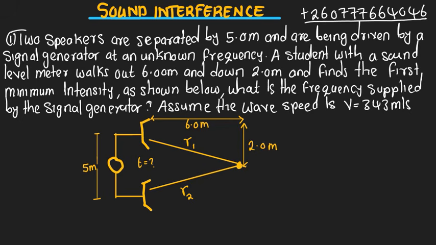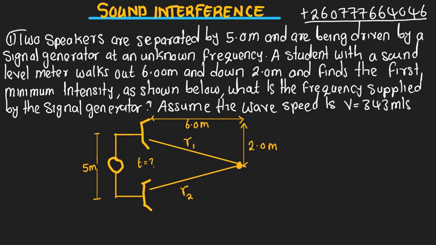Now we have a question here on sound interference. They're saying two speakers are separated by 5.0 meters and are being driven by a signal generator at an unknown frequency.